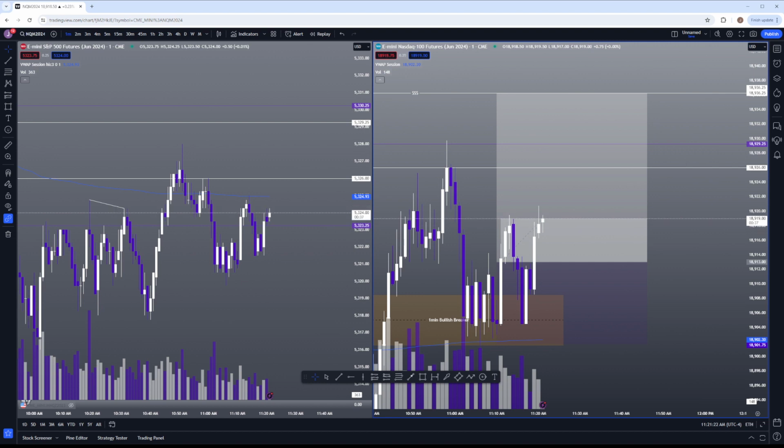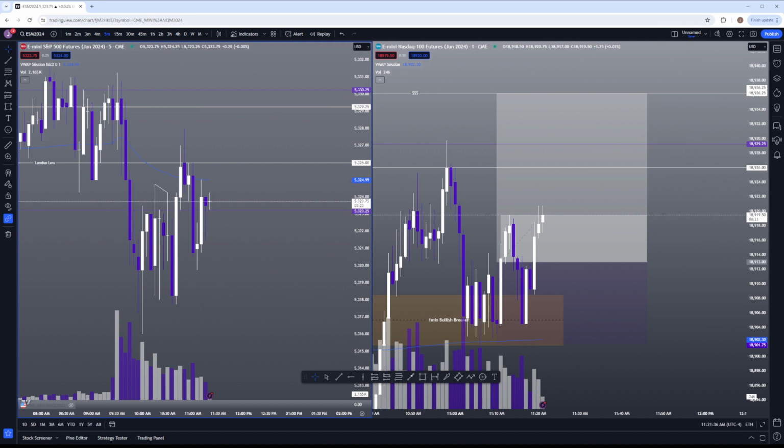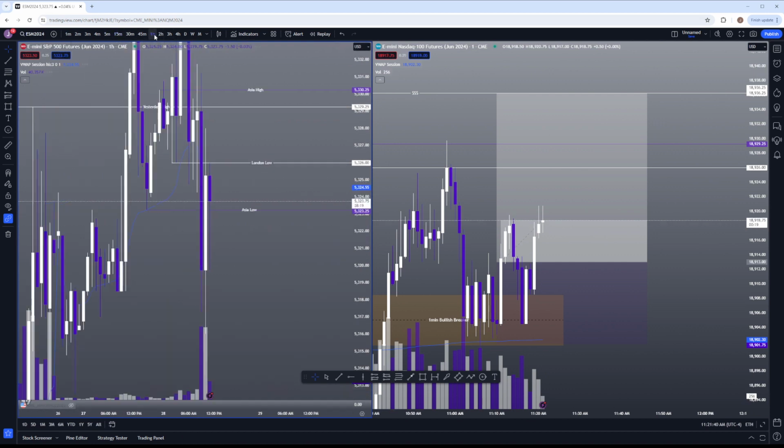All right, today has been a hard one to get the timing right. I'm feeling a lot of conviction here. We just got to see ES try to push through VWAP, push through those highs. ES looks very bullish as well.